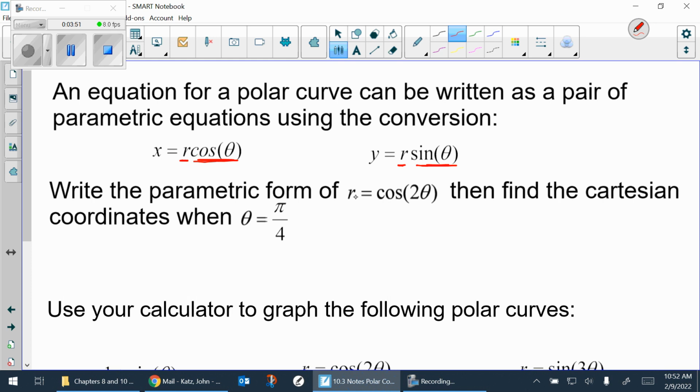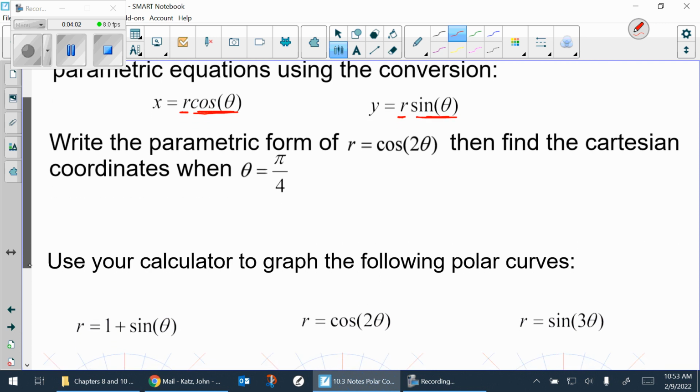So write the parametric form of r equals cosine 2 theta, then find the Cartesian or the rectangular coordinates when theta is pi over 4.